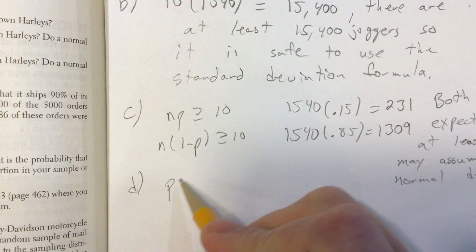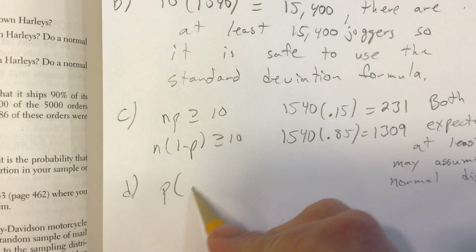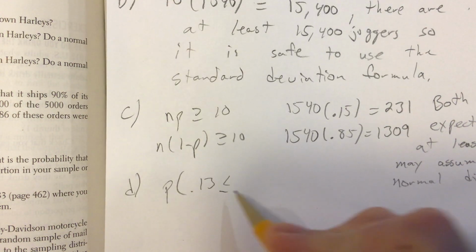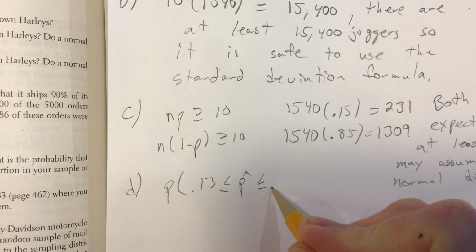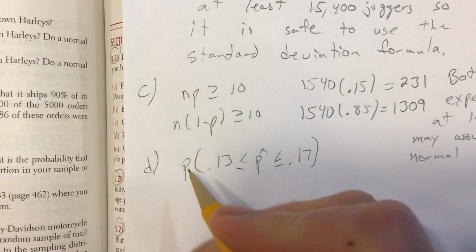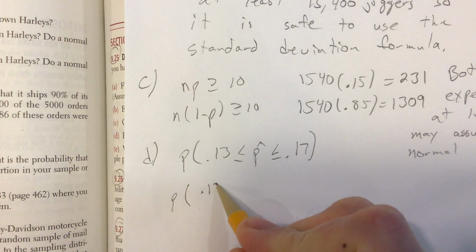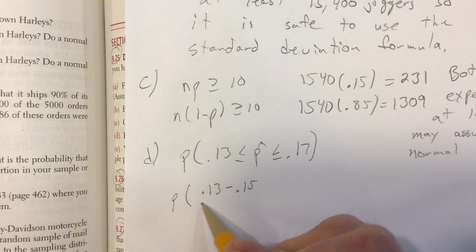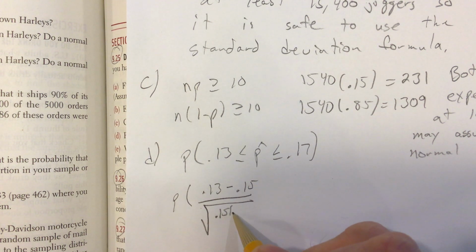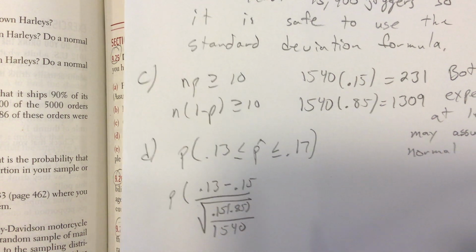Okay, so we want to find the probability that we're between 0.13 and 0.17. Okay, convert to z-scores. And I'm going to write the whole formula out, because if you round these things too much, you can end up being off by quite a bit.